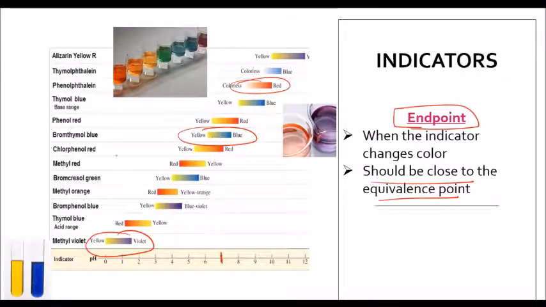The ones in the simulation are bromothymol blue and phenolphthalein, so that's why I'm picking those out for you. The end point is when it changes color. The equivalence point is when the moles equal the moles. That's the stoichiometric point. So realize that equivalence and endpoint do not mean the same thing. You should pick an indicator whose endpoint is going to be close to your equivalence point, or you won't get valid data.